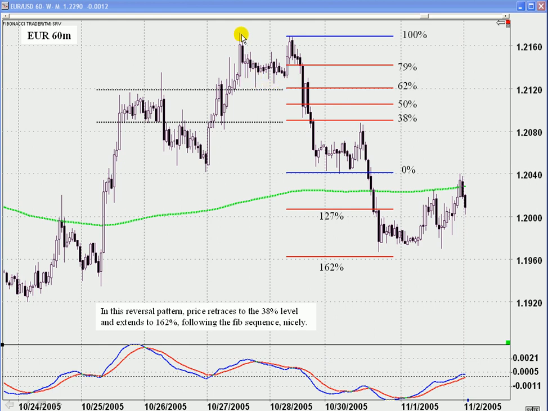We see the market achieve a high on this day, 1027, consolidates into the following day, makes an attempt at the high and fails. A distinct railroad track, then a fade in buying interest, followed by active selling once price moved distinctively below. You see this level of consolidation here.